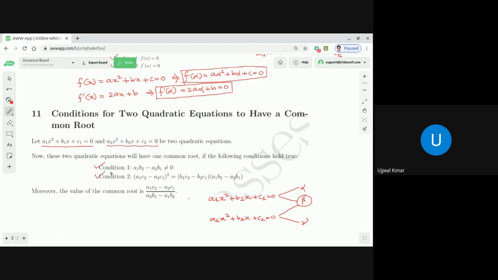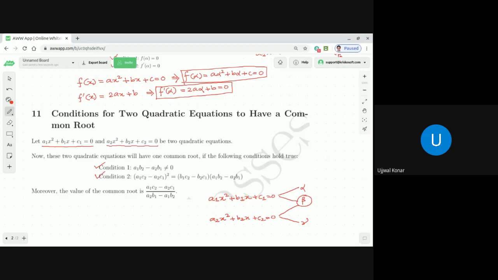That is the second condition, and that also has to be true. If both the conditions hold true, we can conclude that both the quadratic equations, a1x² + b1x + c1 = 0 and a2x² + b2x + c2 = 0, have one common root.